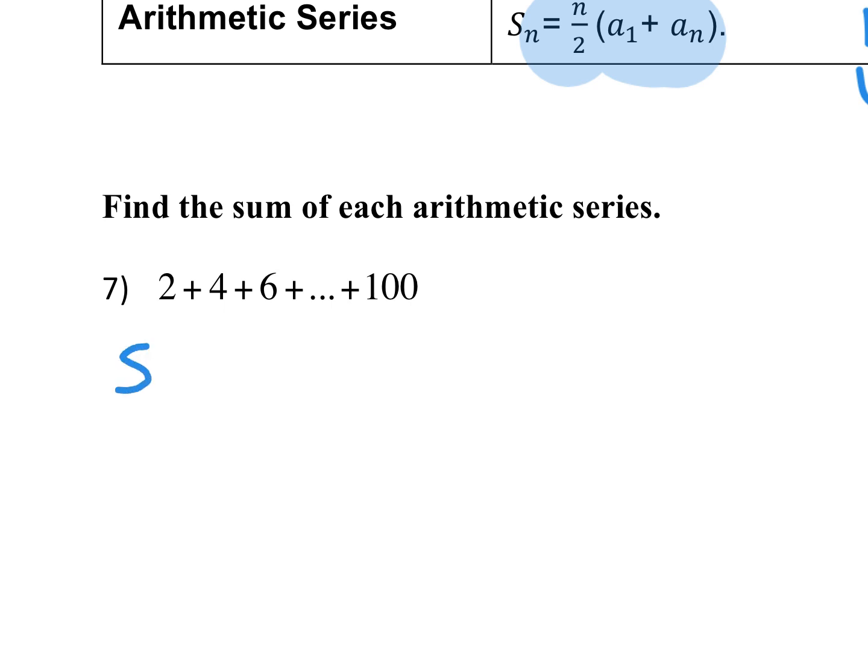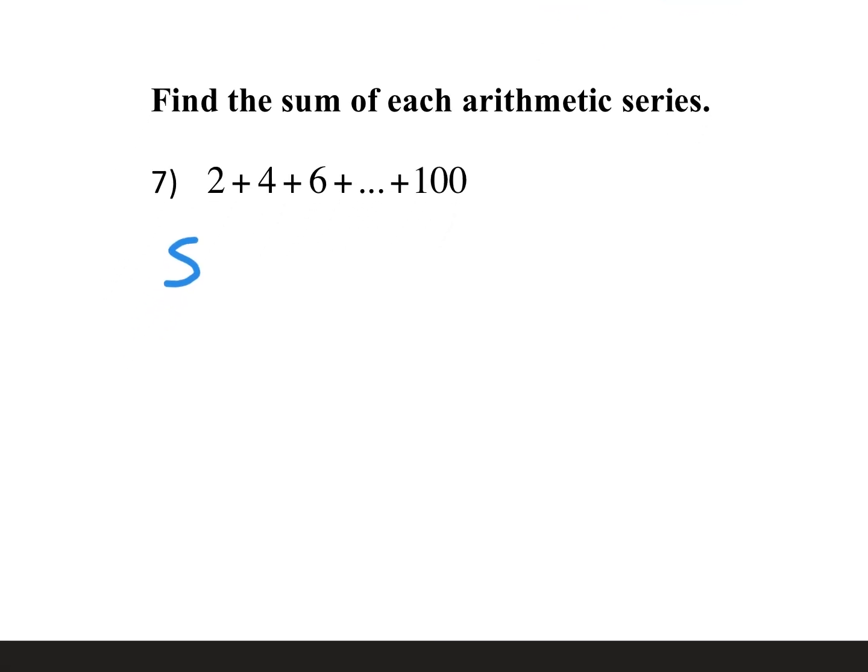So I write S, and then I can't even write the N in the subscript because I don't know how many items are in the list. So what you could do is plug into the other formula that we were using earlier in the lesson.